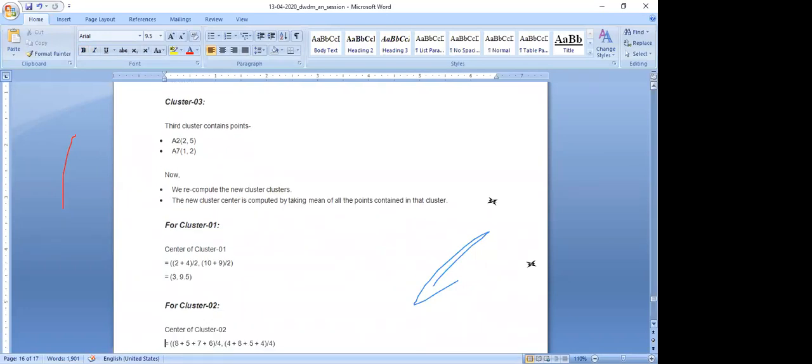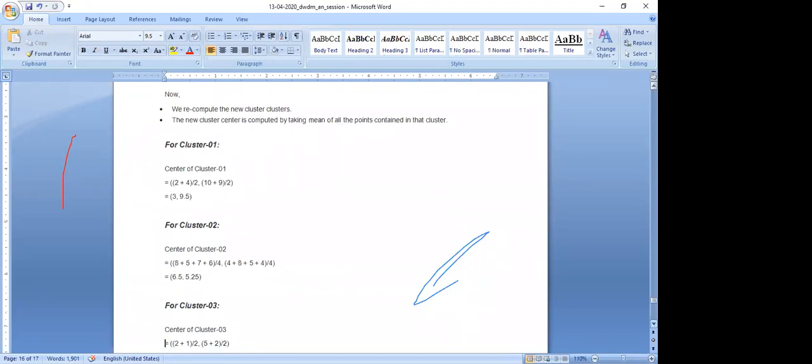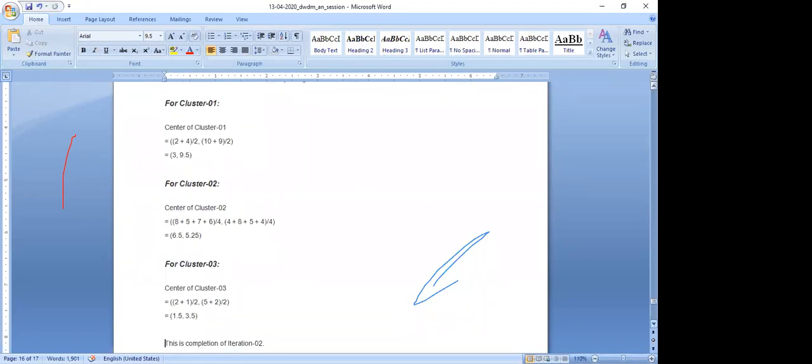For cluster 2 and cluster 3, again we calculate the mean of all the data points. After calculating, the first cluster is 3, 9.5, the second cluster is 6.5, 5.25, and the third cluster is 1.5, 3.5.